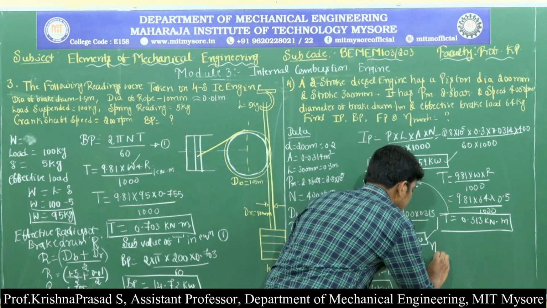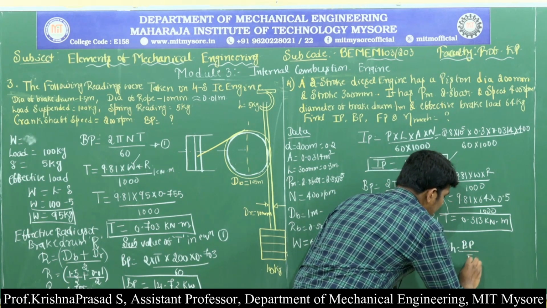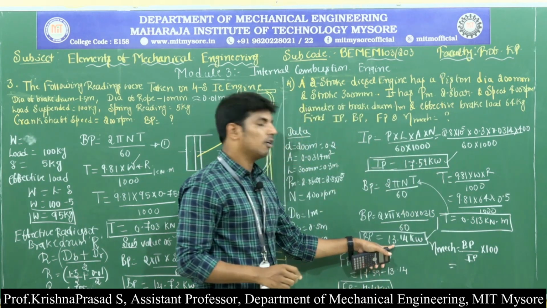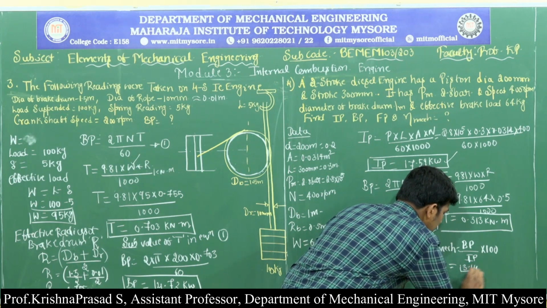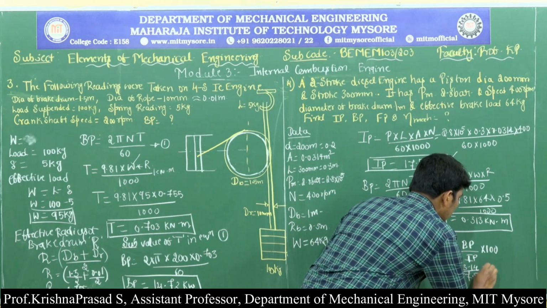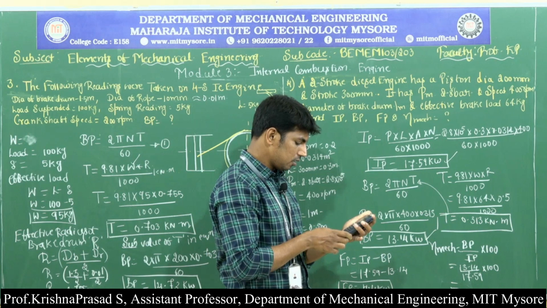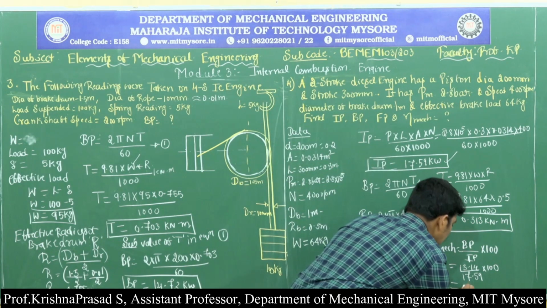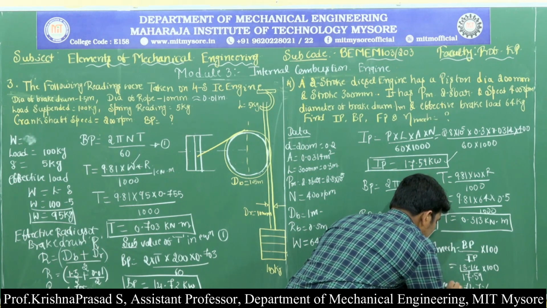The formula is BP by IP into 100. The value of BP is 13.14 and IP is 17.59, into 100. Therefore the mechanical efficiency we are getting is 74.7%.